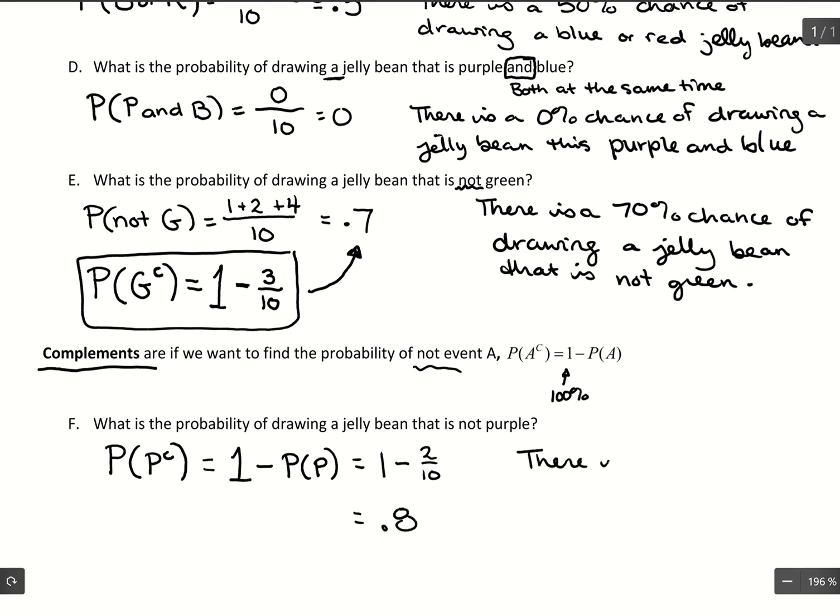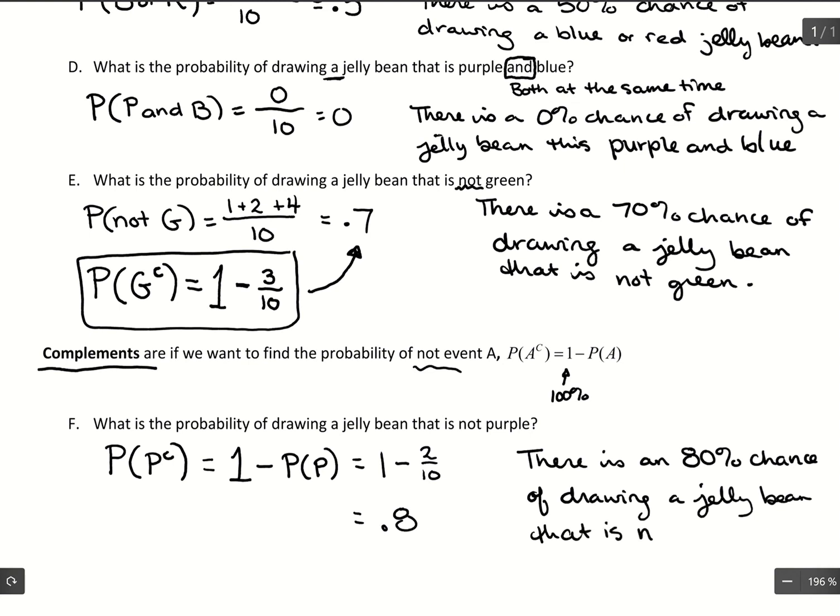So there is an 80% chance of drawing a jelly bean that is not purple. So those are some basic probabilities right there.